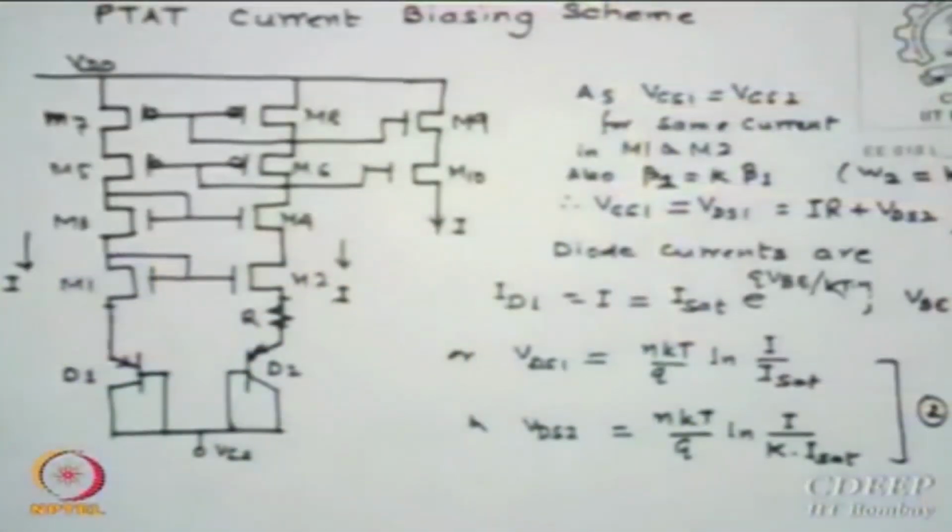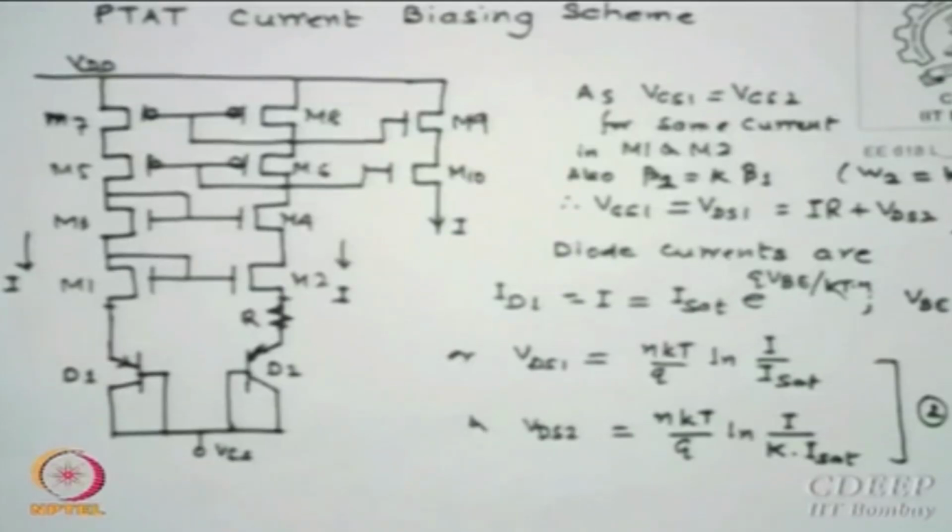What is PTAT? P stands for proportional, A stands for absolute, T stands for temperature. PTAT, proportional to absolute temperature.